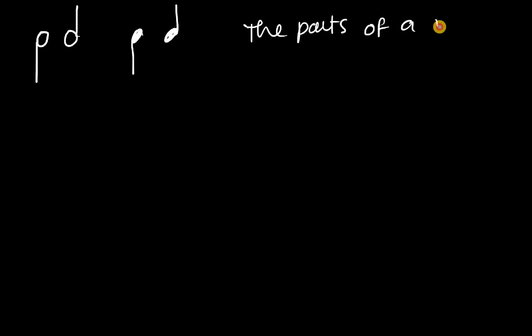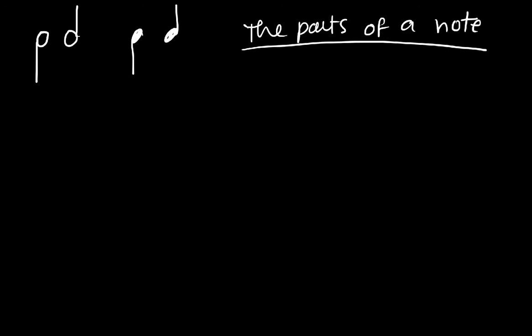Let's move on to the parts of a note. So earlier you saw me write a half note and a quarter note this way and this way. For quarter notes I wrote it this way or this way. So the parts of a note is what I'm going to go over quickly.